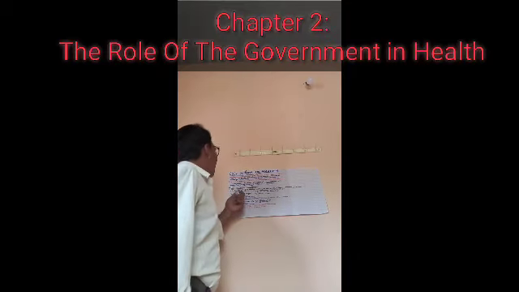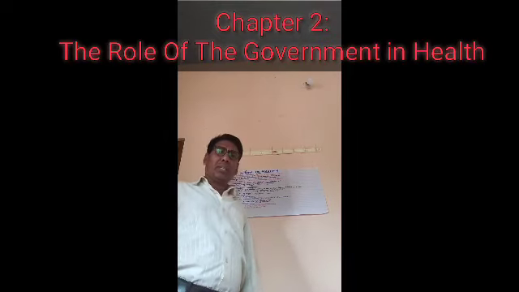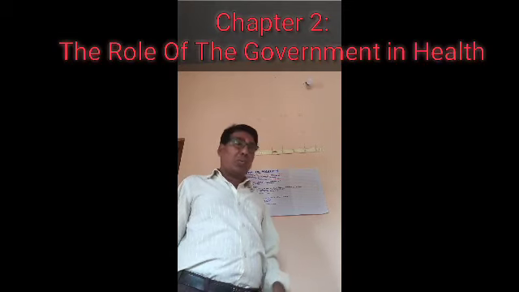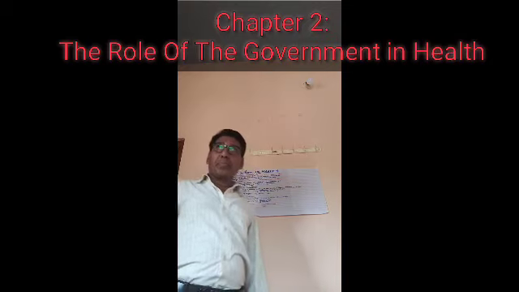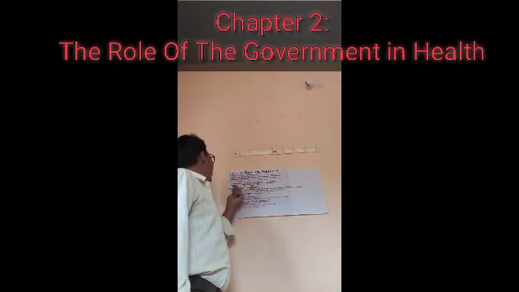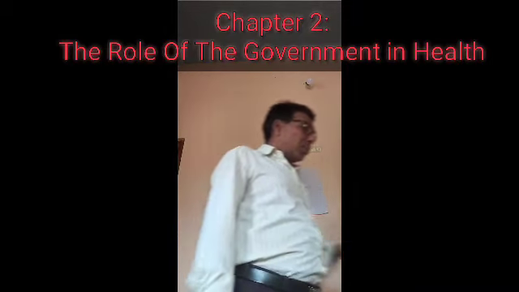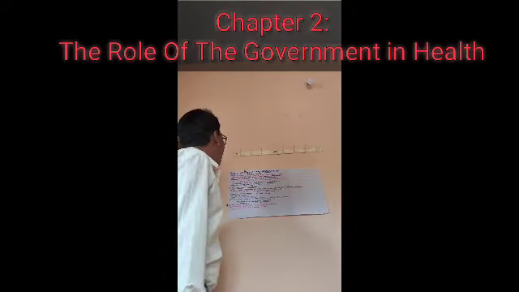Now, India has the largest number of medical colleges in the world, and it is also the largest producer of medicines in the world. Children, every year around 15,000 doctors qualify in our country.